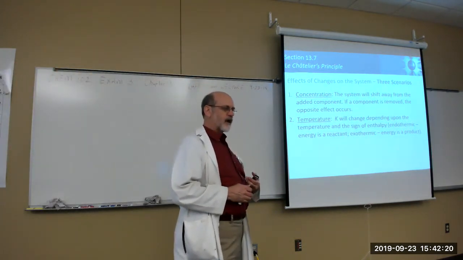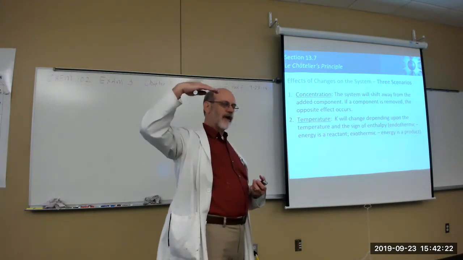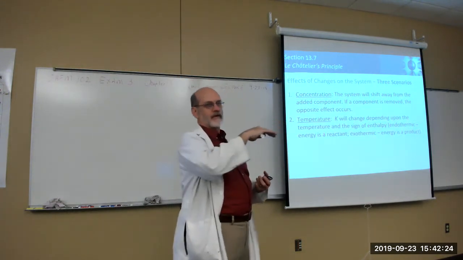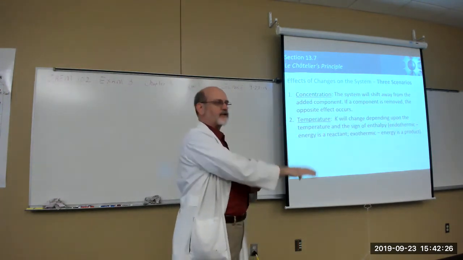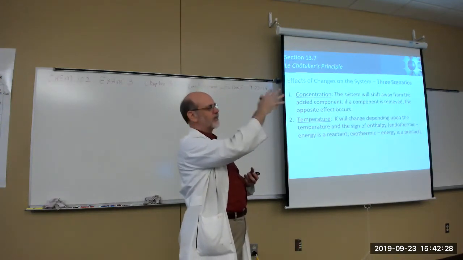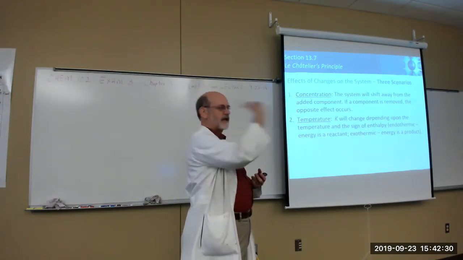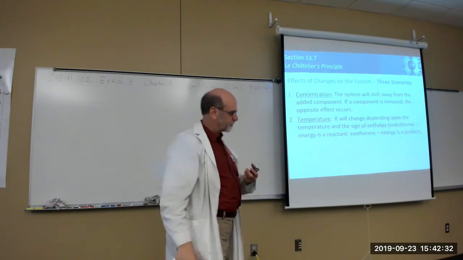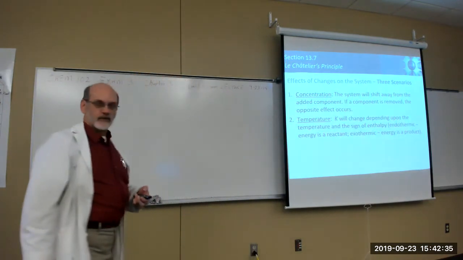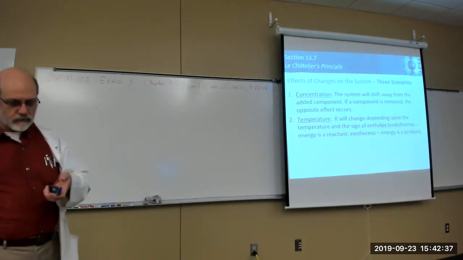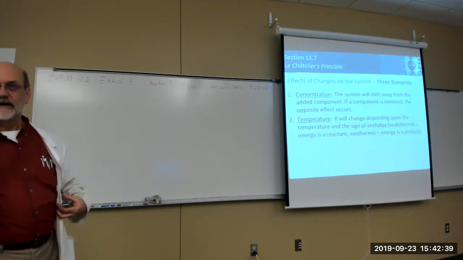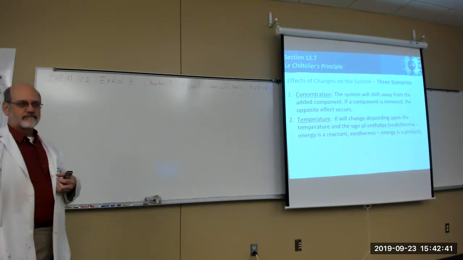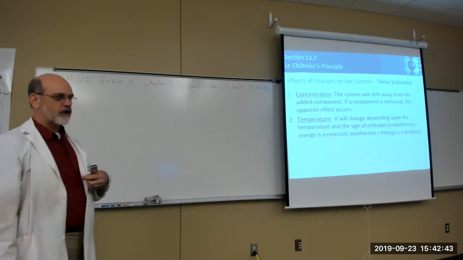If you shift the concentration higher on the reactant side, it's going to move toward product. If you shift the concentration higher on the product side, it's going to move to reactant. But there are other situations where we can cause a disturbance, and the changes are not as evident.